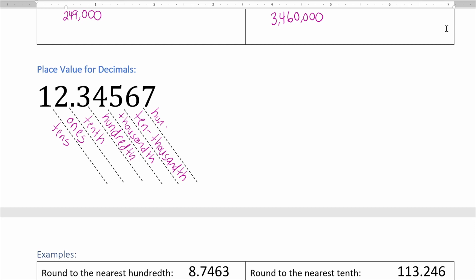And the 7 is in the hundred-thousandths. So it's kind of similar to the whole numbers except with a TH at the end, and there is no oneth position. It starts at the tenth position.